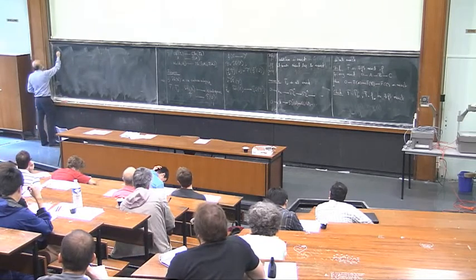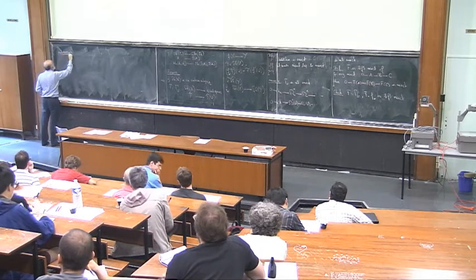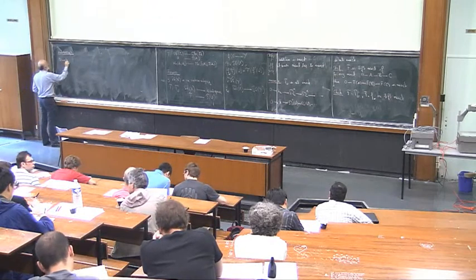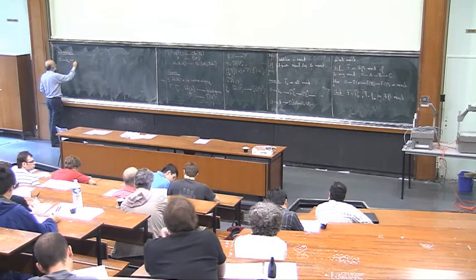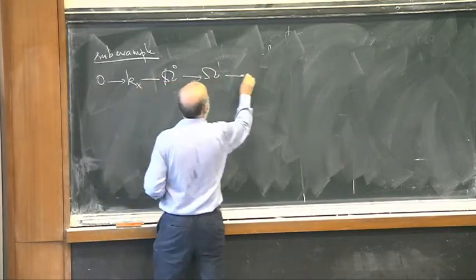And a sub-example, of course: I take the de Rham resolution for the constant sheaf here, so omega 0, omega 1, and so on.